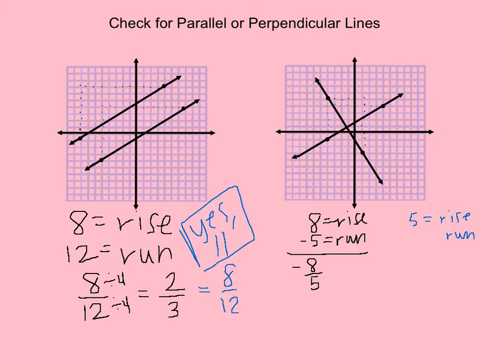My run is 8. So here my slope is 5/8. And the last thing I need to do is compare those two values. So is -8/5 the opposite reciprocal of 5/8? Yes, it is, which means that my lines are perpendicular lines.